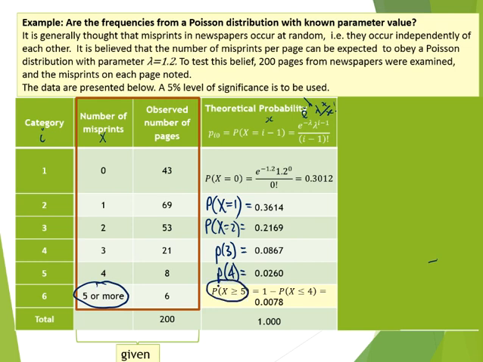You don't have those values, but you know that all of them add up to 1. So 1 minus the probability that X is less or equal to 4 is 0.0078. Note that they need to add up to 1. So you always check that your frequencies add up to the given total, that your proportions add up to a value of 1.